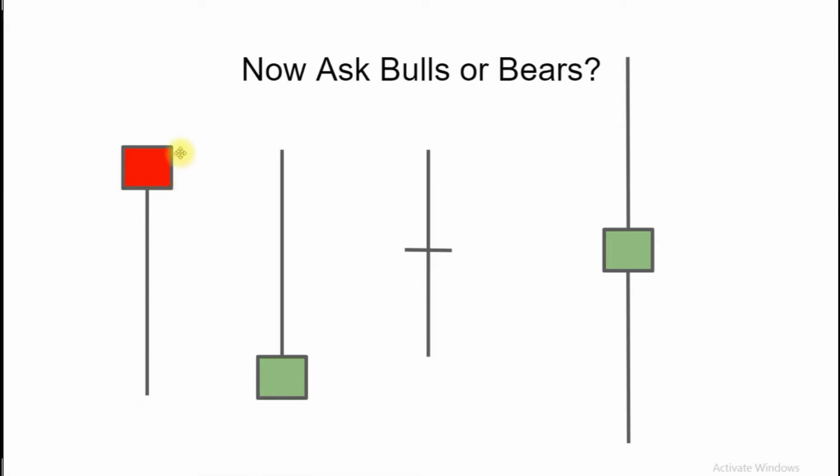The size of the wick is clearly much larger than the size of the real body. Overall, the candle is representing more bullish than bearish sentiment. Now, there are some exceptions. We'll cover that later, but for now, we'll consider this candle largely bullish.